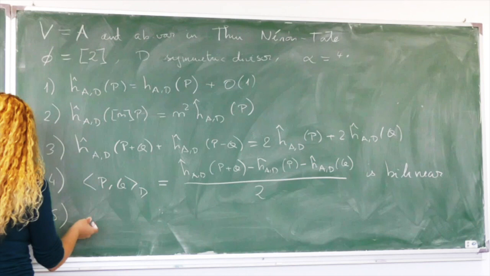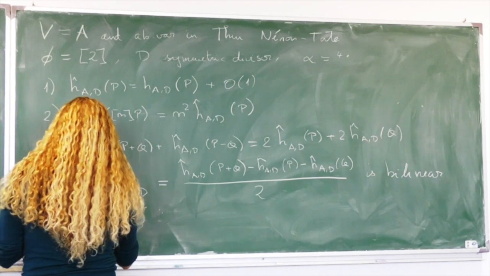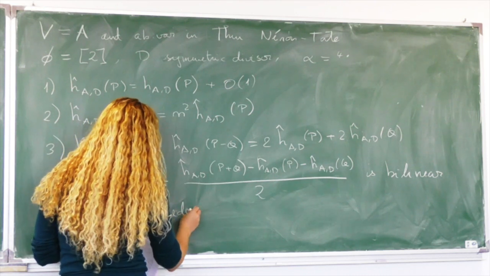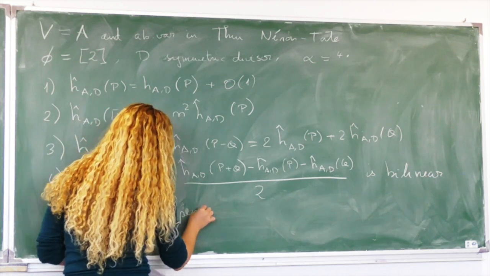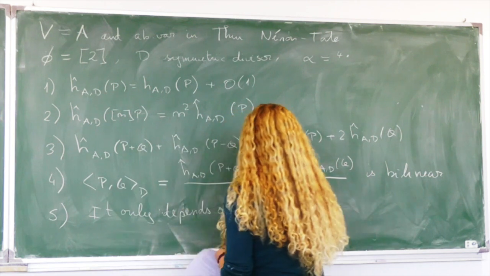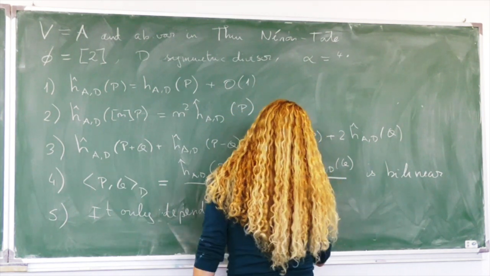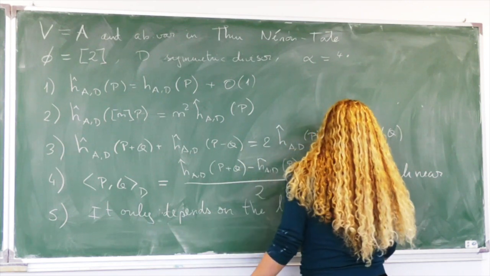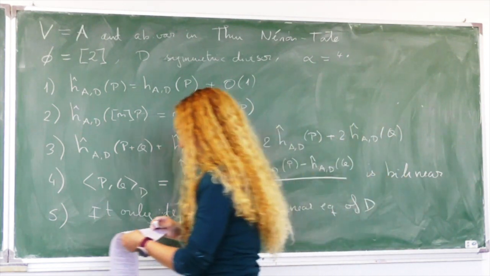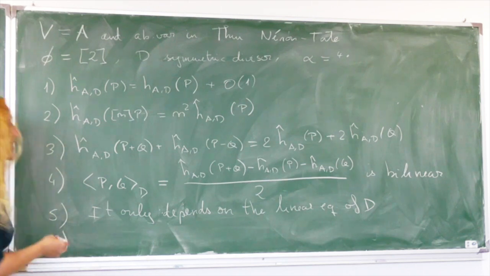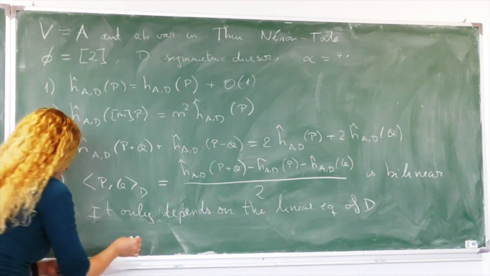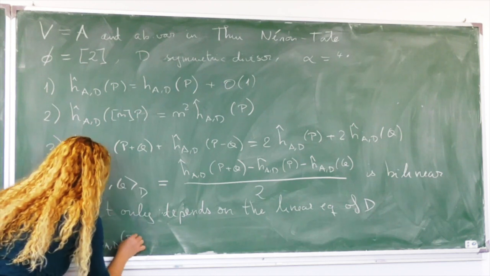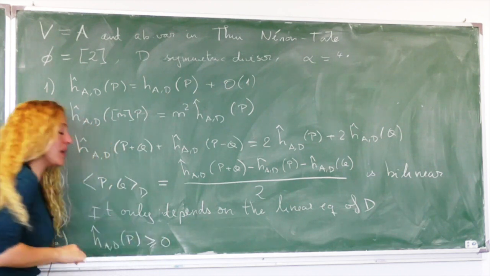Of course, this is also a consequence of the previous theorem. It only depends on the linear equivalence of D. And then the fourth property, and this is nice, the height is bounded below by 0.